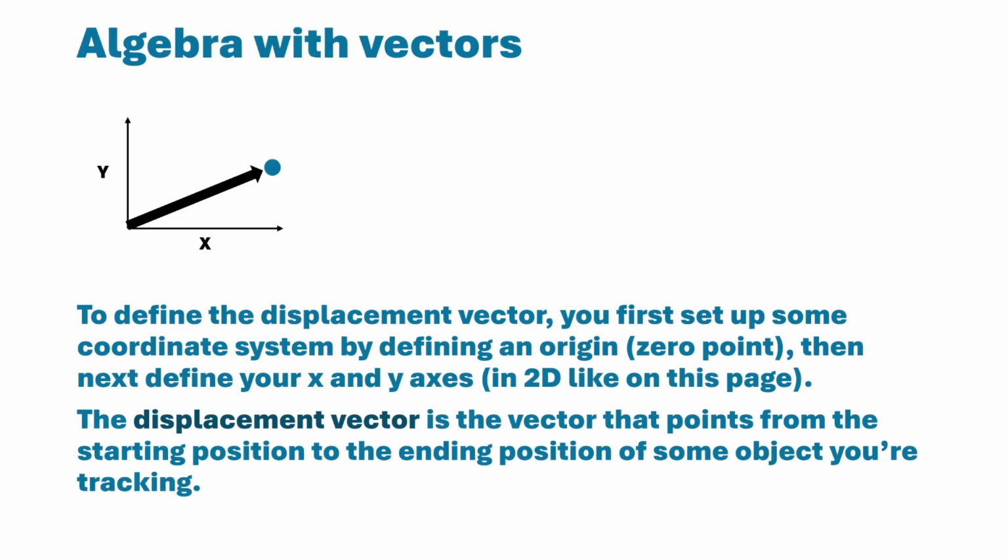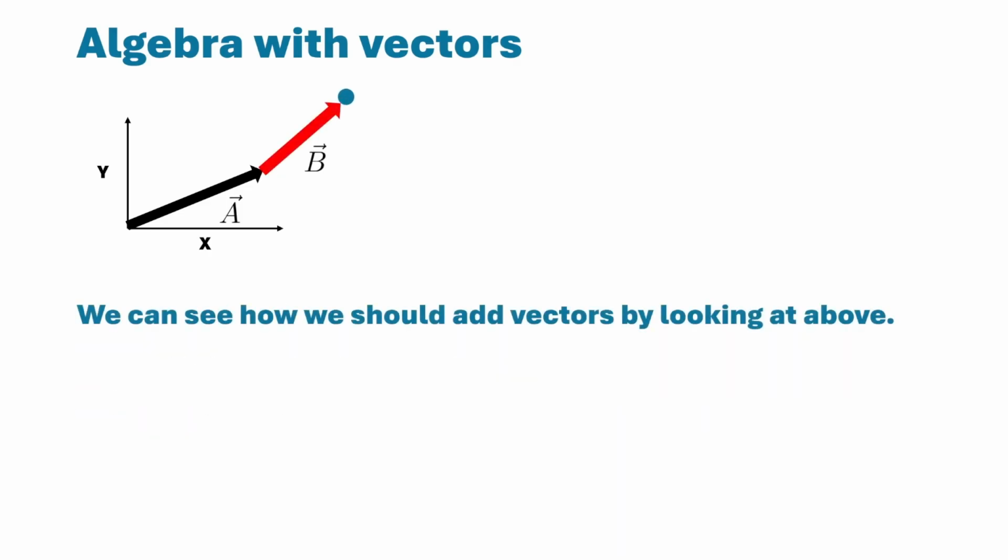So it looked like our ball up here went from the origin and then to where it stopped, and then we drew a vector. That's our displacement vector. Now if our ball moved again, we see we have two displacement vectors now, the first black one and then the second red one.